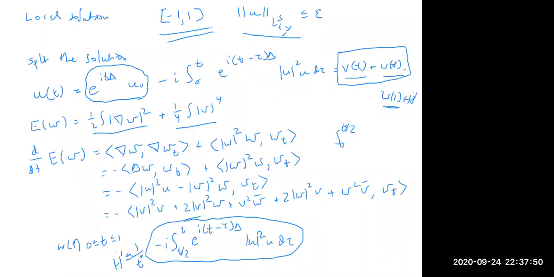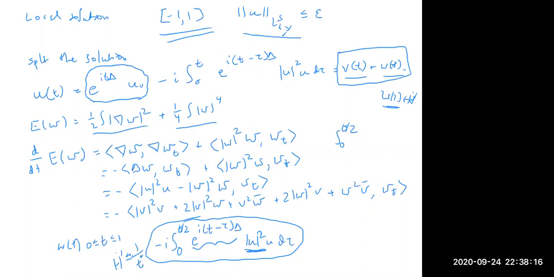But the nice thing about that case, when you're integrating from 0 to T over 2, is now this estimate, e to the i(T minus tau), is going to give you some nice decay, right? If the nonlinearity is in L1, and you know it is, right?